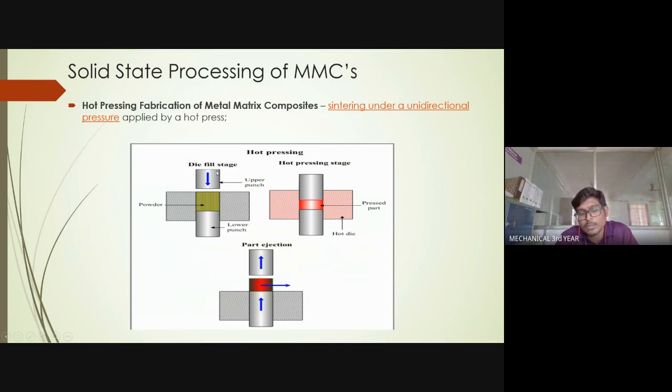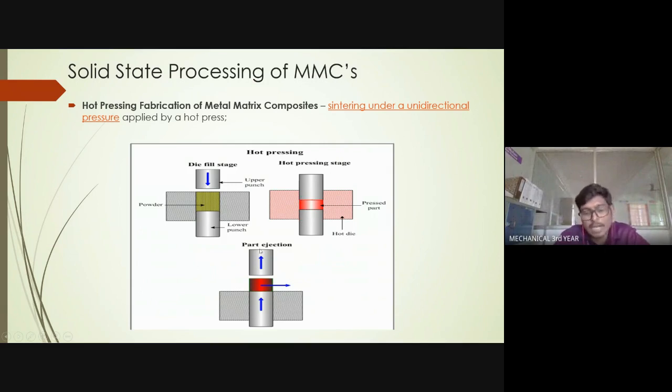The space is limited, and we reduce it by moving the upper punch. Pressure is applied in the vertical direction, and heat is applied all around, 360 degrees, so everywhere heat is applied and it becomes a homogeneous mixture.